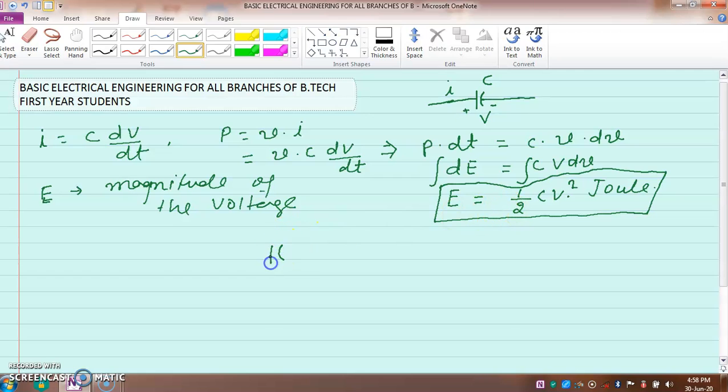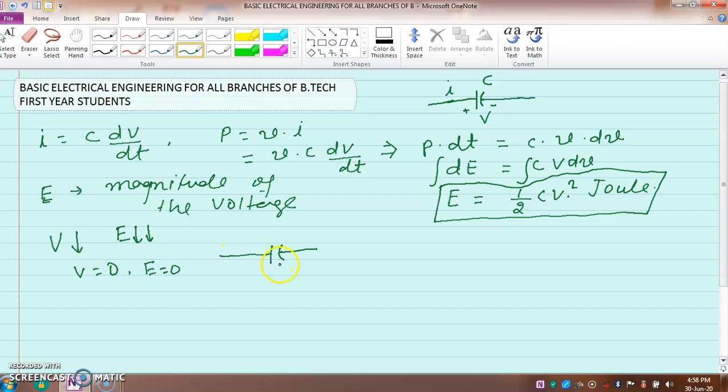And if you reduce this voltage, then the energy will reduce very fast, and if you make V equal to 0, then the energy will also be 0.